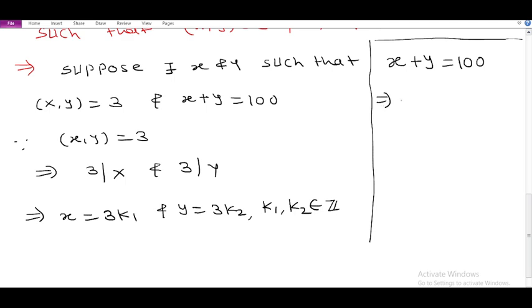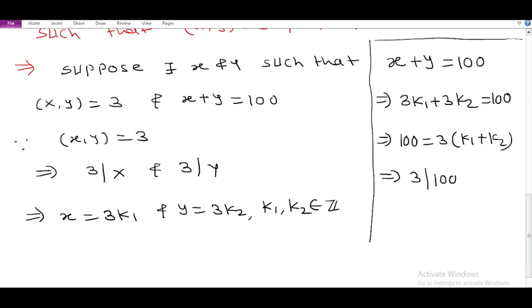So we get 3 k1 plus 3 k2 is equal to 100. So this implies 100 is equal to 3 times (k1 plus k2), but this implies 3 divides 100, which is not possible.